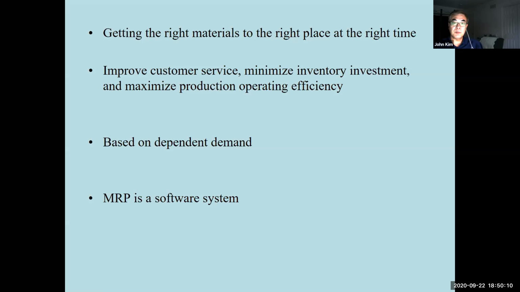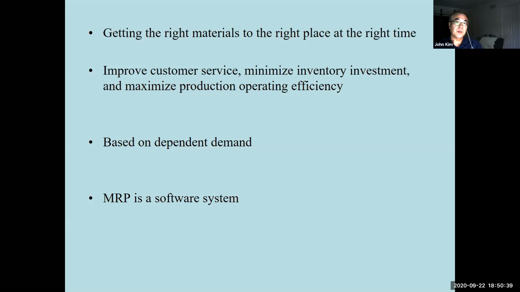Then using this MRP system, they can improve customer service, minimize inventory investment costs, maximize production operating efficiency, and so on. And this is based on dependent demand.